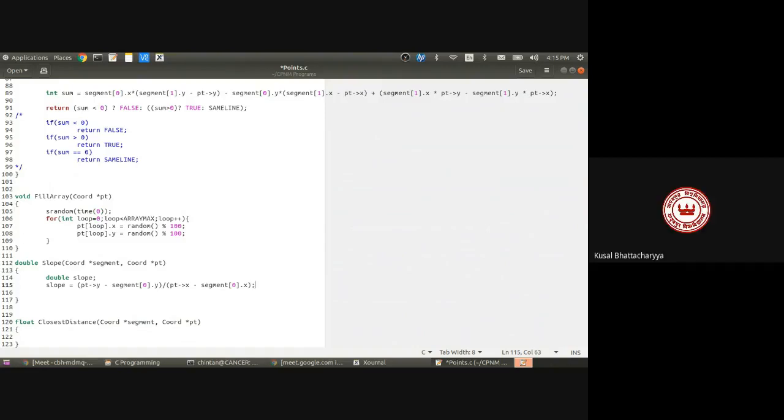Then sir, return slope. Try to understand whether you are doing it right or wrong.